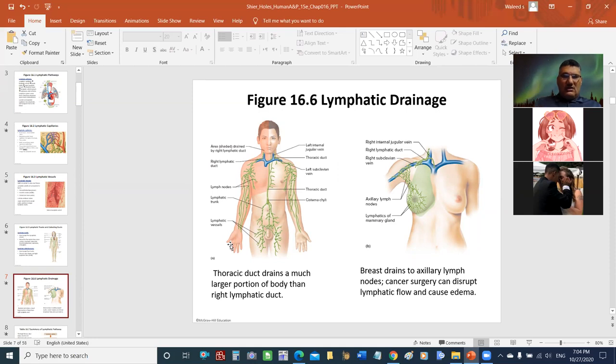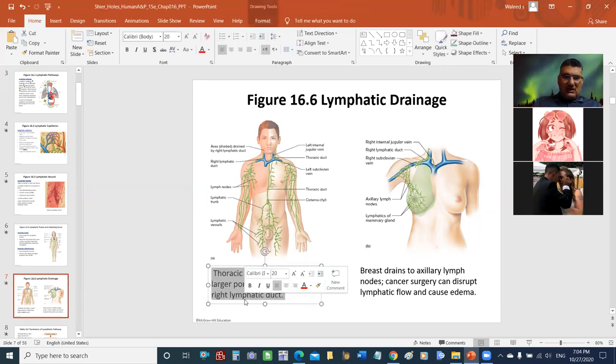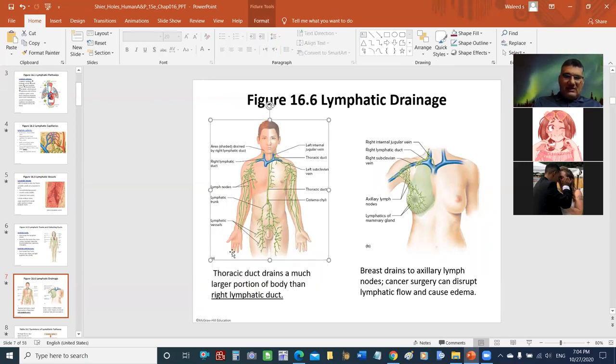What are the collecting ducts? Two. The right lymphatic duct drains the red side here, which is like 20% of the body: the right side of the head and neck, the right side of the chest, and the right upper limb.